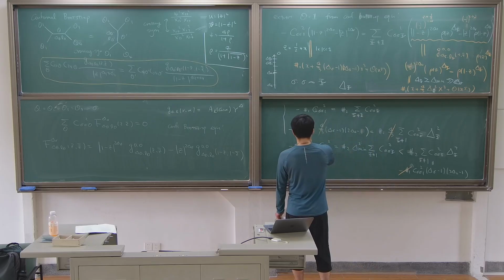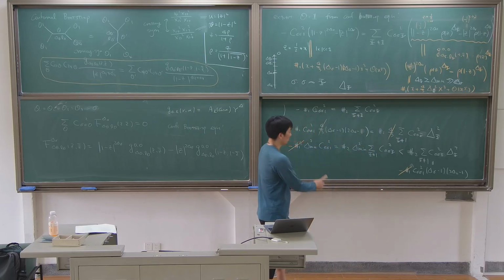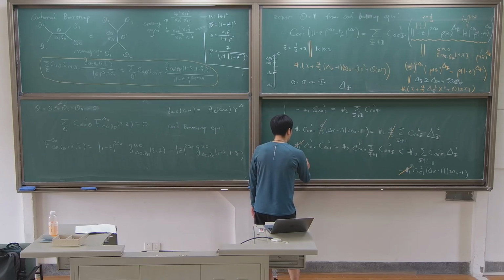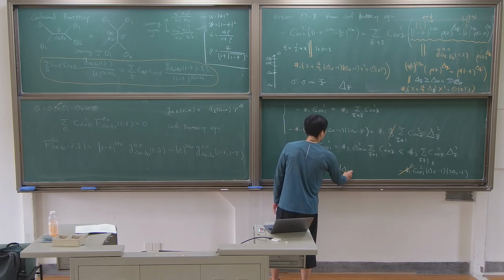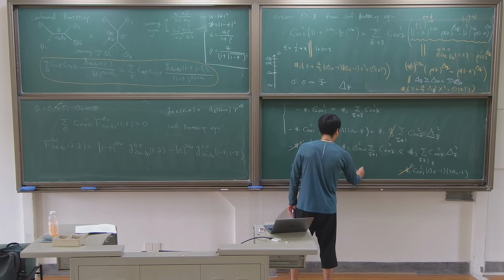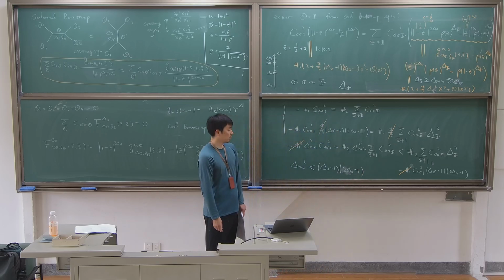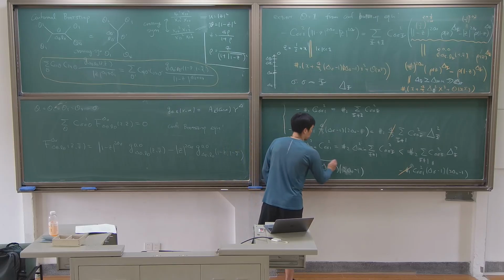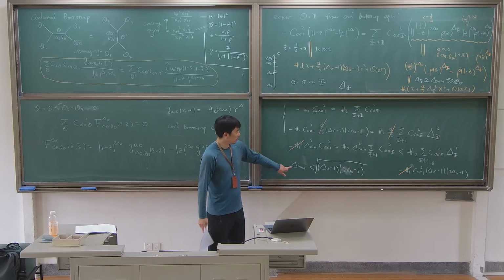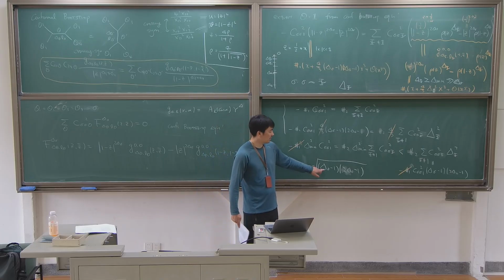There is no square here. Compare between these two, and this means that delta min squared is less than delta sigma minus 1 times delta sigma minus 1. Then take a naive square root.